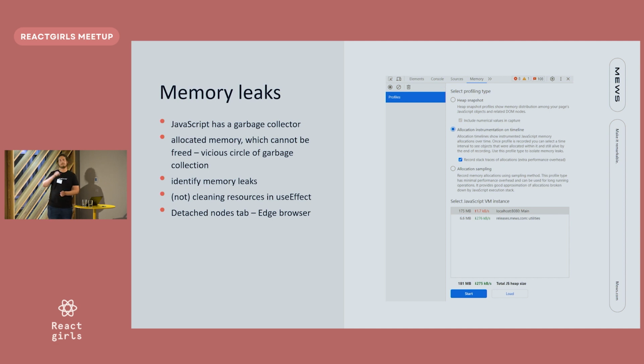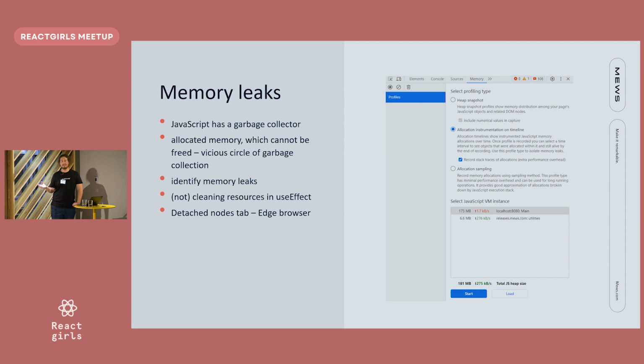You go to the same place you started. You hit the clean button, that little garbage can. This will force the garbage collection. And you should end up with the same amount of memory you started with. If you don't, you have a memory leak. And then it's up to you to decide whether it's a big one or a small one.